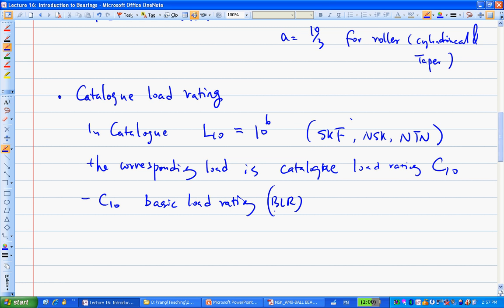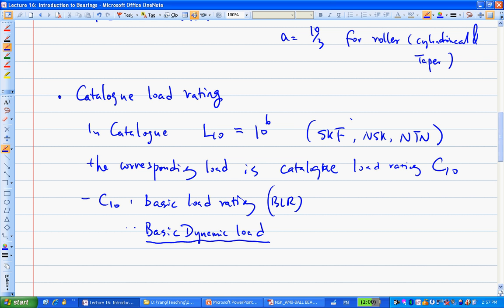It's also called the basic dynamic load. Later, if you see all the names here, we probably will see the basic dynamic load more than anything else. So just basic dynamic load, that's basically the C10 here.